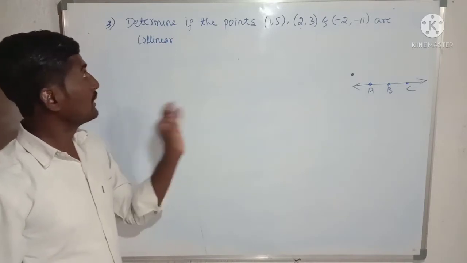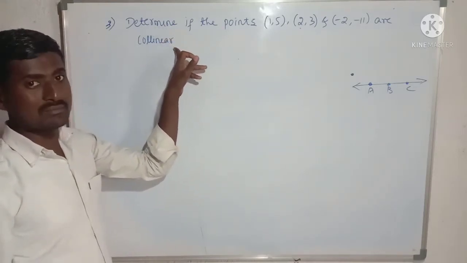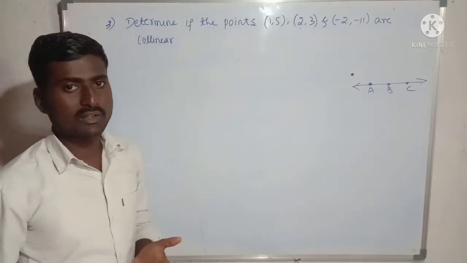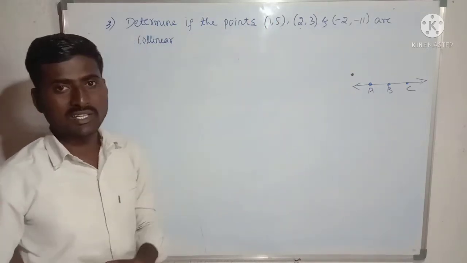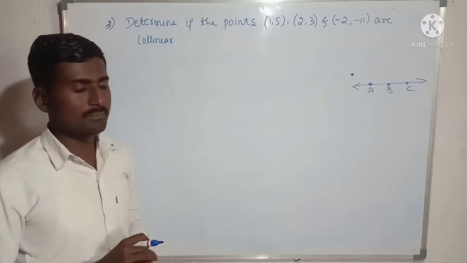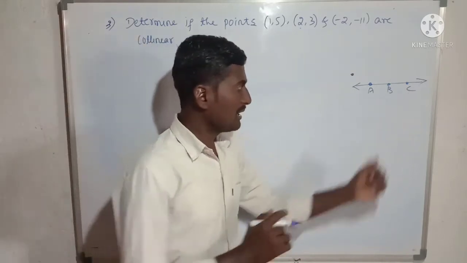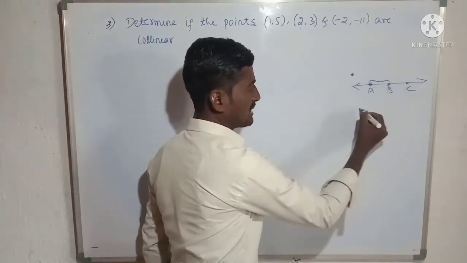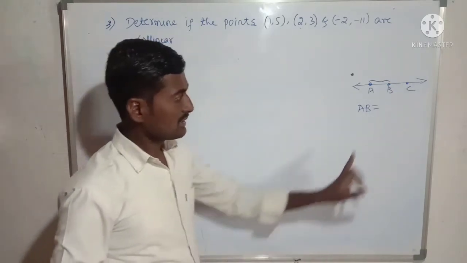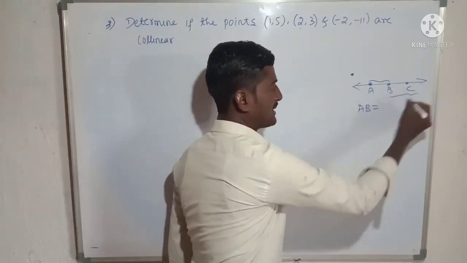Now here we have to determine whether these 3 points are collinear or not. For that, how can we check? By using the distance formula. First, let us find the distance between A and B, the AB distance. Afterwards, we have to find the BC distance.